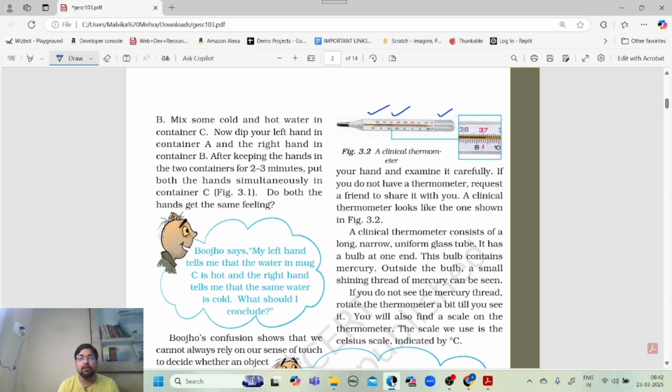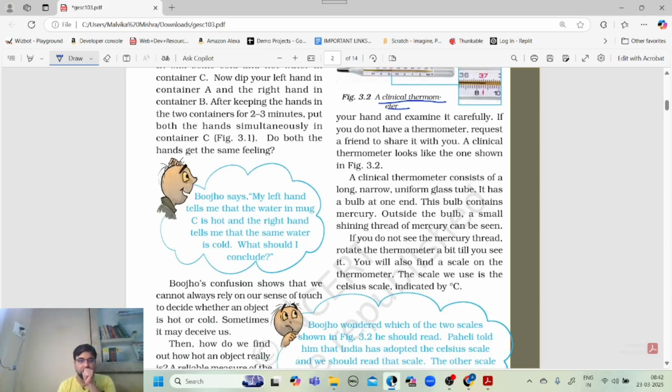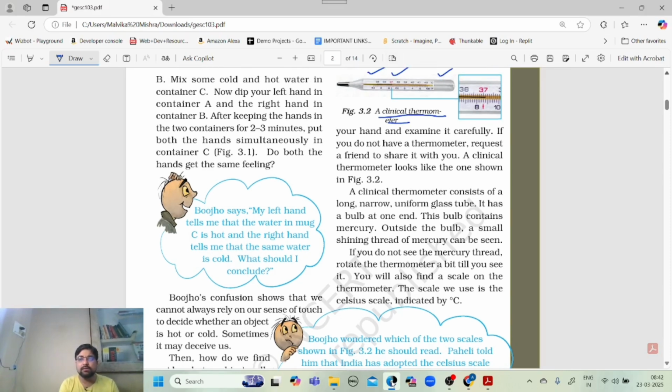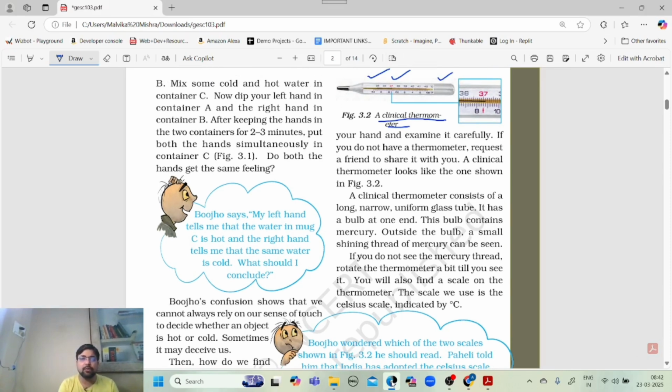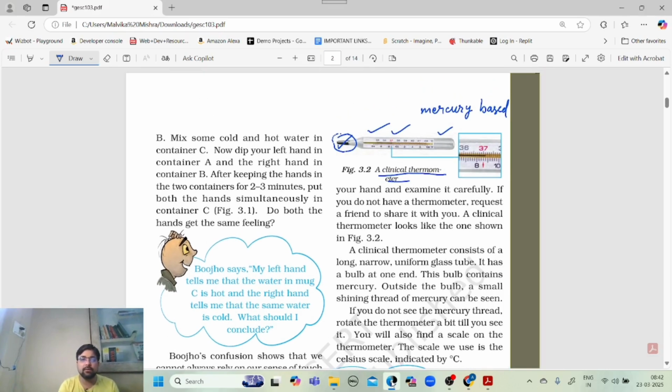But a traditional clinical thermometer, which is mercury based, looks like this. To examine you, the doctor puts this thermometer below your tongue. This is the bulb of the thermometer, right? This part is known as the bulb of the thermometer.